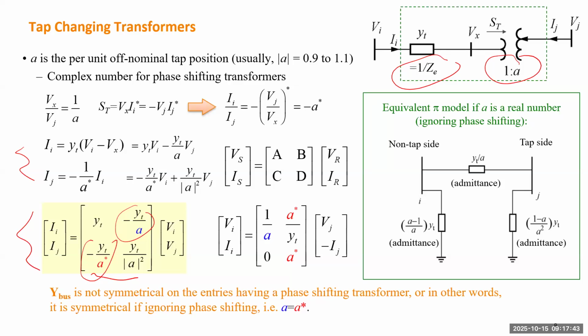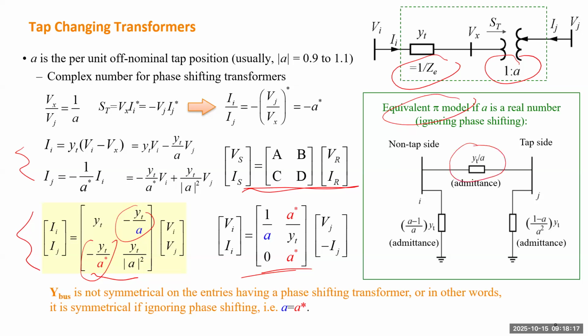When you want to form the data sheet for the power network, because we can use the pi model to represent any transmission line, we can also have a pi model to represent a transformer. You just need to find the transformation from the voltage and current on one side to the other side. Compared to the standard model of a transmission line, we can identify those A, B, C, D. If you draw the pi model, it will be like this.